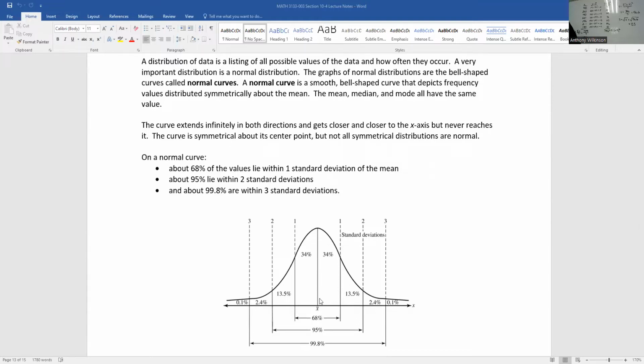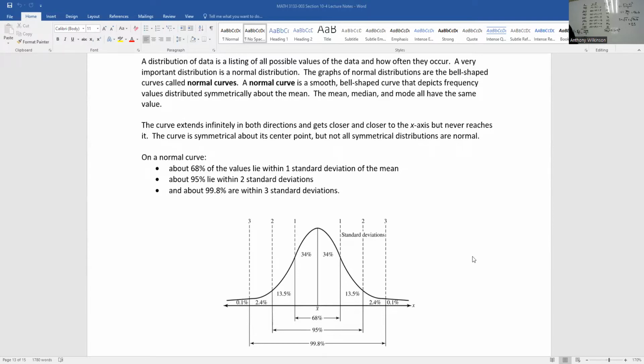Okay, so here's where x bar is. That's the mean right there. It's usually at the center. And as you can see, it's going to be symmetric, meaning that the left side is the mirror image of the right side. So if I was to fold this paper along this line right here, the left side would lie on top of the right side.